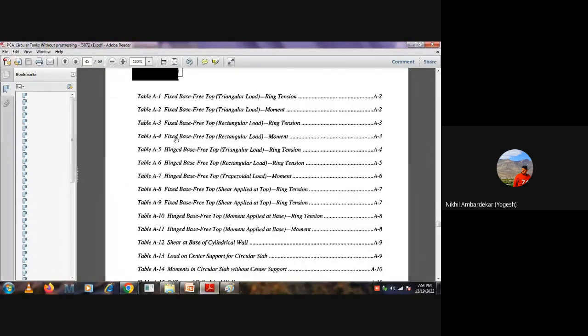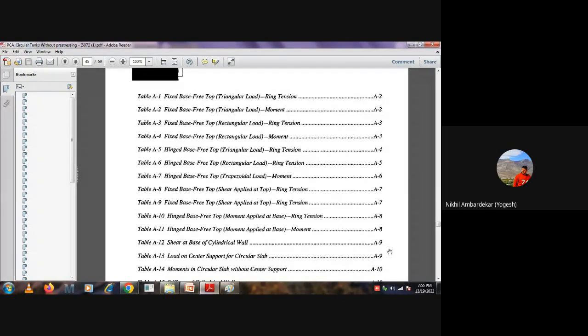And shear force, how to calculate? Table number A12 gives the shear force of the cylindrical wall. By using this A12, we can easily find the shear force in the wall at the base, because shear force is always maximum where there is fixity.